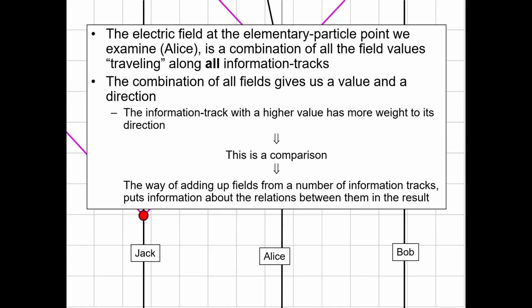Because the result depends on these two fields separately, it has information about the relation between these two fields. And therefore we can say it is comparing these two fields one to the other. But again, this information is a bit hidden out of sight. It's not readily available when we look at the numbers of the field at a point.